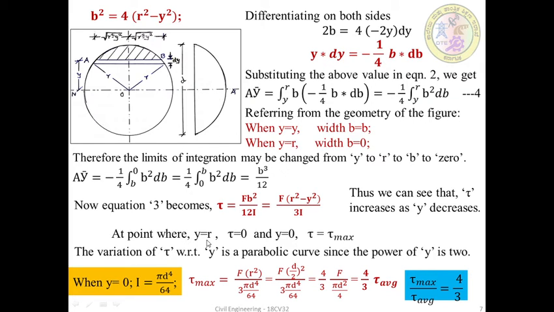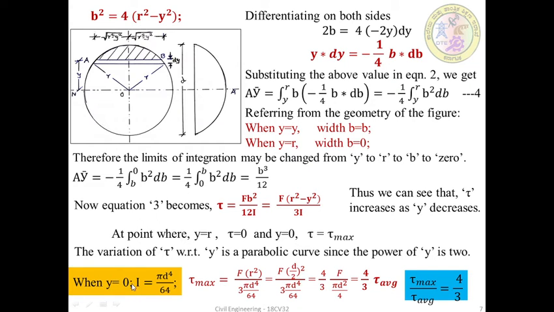At the point where y is equal to r, tau becomes 0, and at the point y is equal to 0, tau becomes tau maximum or tau about the neutral axis. So the variation of tau with respect to y is a parabolic curve since the power of y is equal to 2. Therefore, the variation of the stress distribution is the parabolic one or curved one.